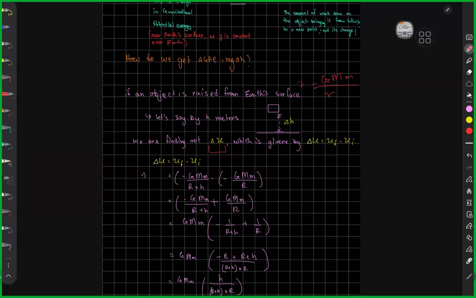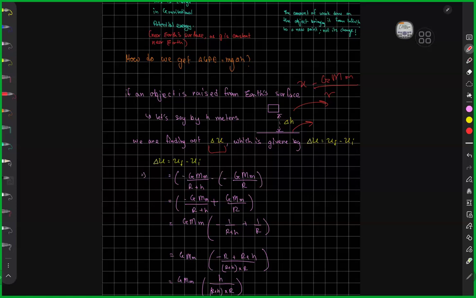Now I want to find out the change in gravitational potential energy over here. So I take what is the gravitational potential energy over here, and what is the gravitational potential energy over here? What do you think is going to happen? As I push it up, the gravitational potential energy becomes less negative, or increases towards zero.